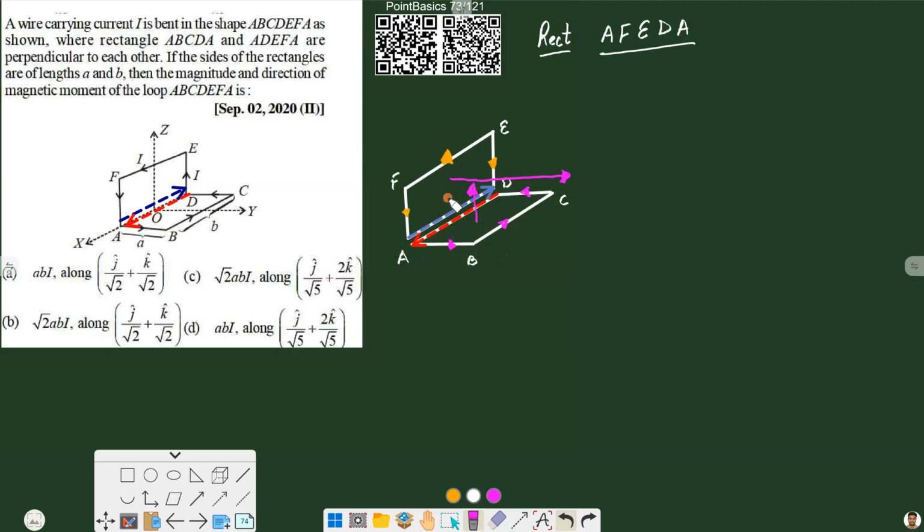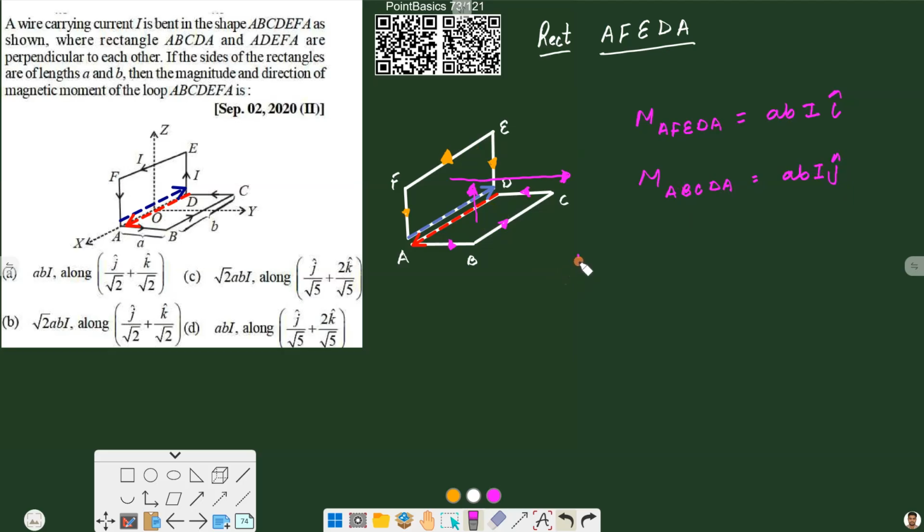So let's write down the value of the magnetic moments. The magnetic moment for loop A F E D A is I times the area, and we know that the area for both of the loops, with sides A and B, is A into B. So it is A B I, and the direction is positive i. Similarly, the moment for the second loop A, B, C, D, A is A B I in positive j.